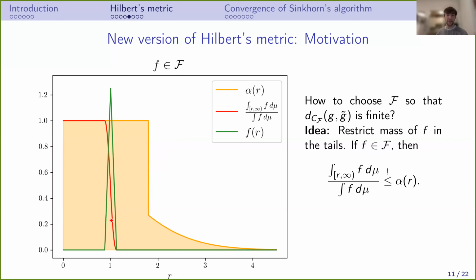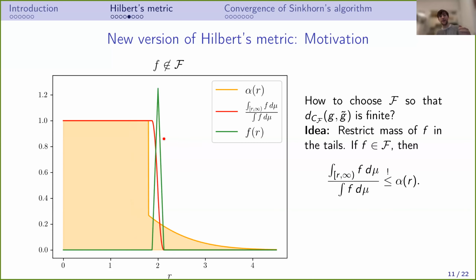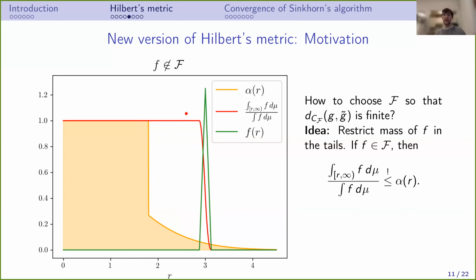Here I again plotted such a function f, and correspondingly this red line shows the corresponding fraction for this function f in dependence on the radius r. Once we move this function f further into the tails, at some point this red line will be above the orange line, so f will no longer be a feasible test function.